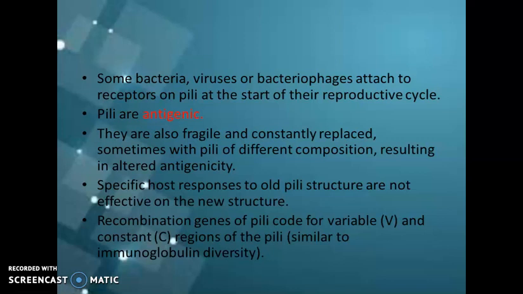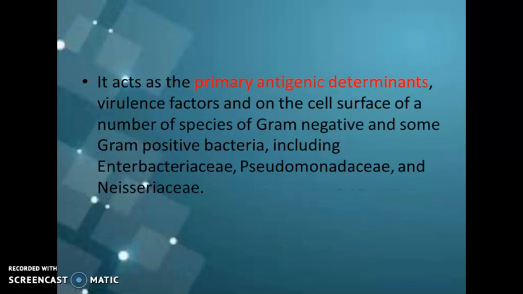If you study the structure of antibodies in immunology, you will see that an antibody, which is a protein, possesses both variable and constant regions. Like that, the recombinant genes of pili code for the variable and constant regions of pili. These terms you will study later in immunology.